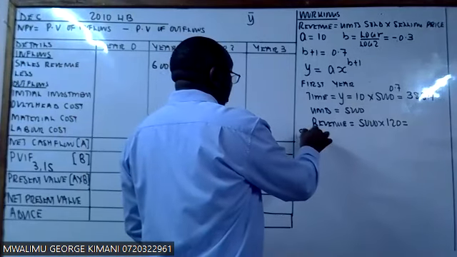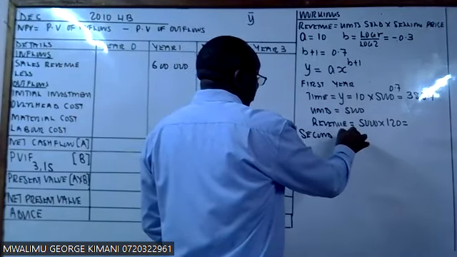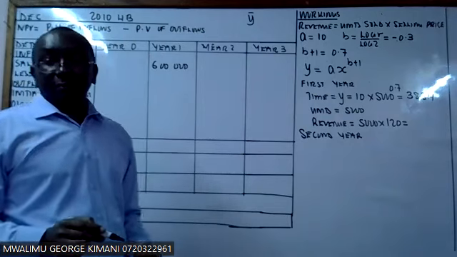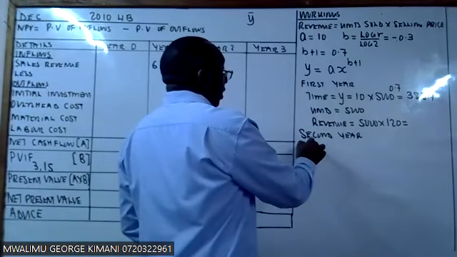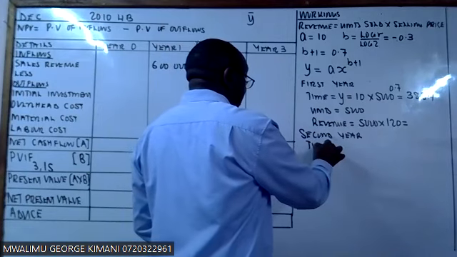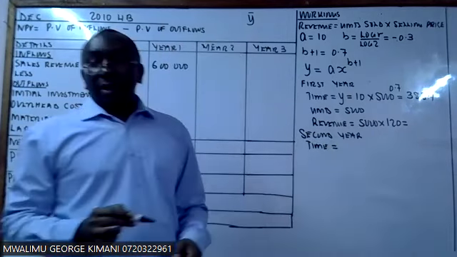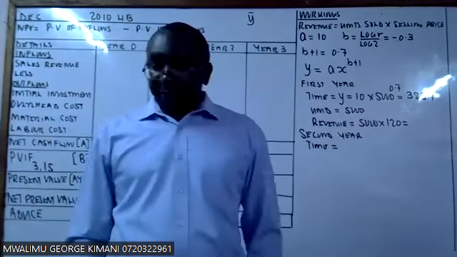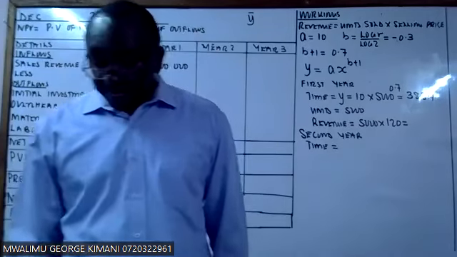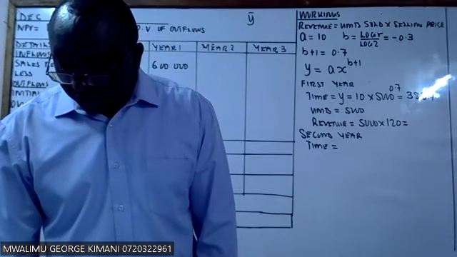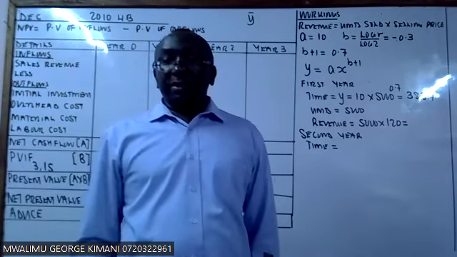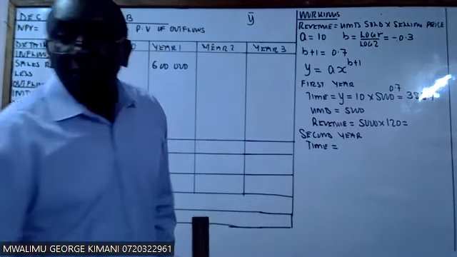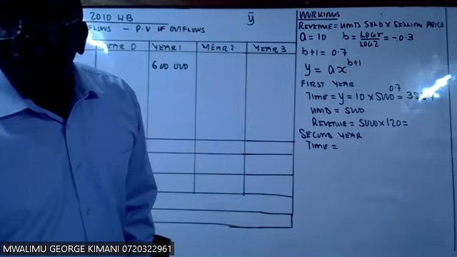So we go to second year. The time that is available, according to information 5, we are told to assume that an equilibrium of labor hours in year 1 would be available. That means they will be equal. Equilibrium means equal. Someone is saying it's 120.